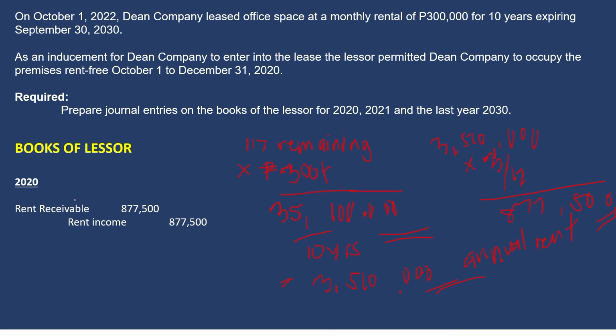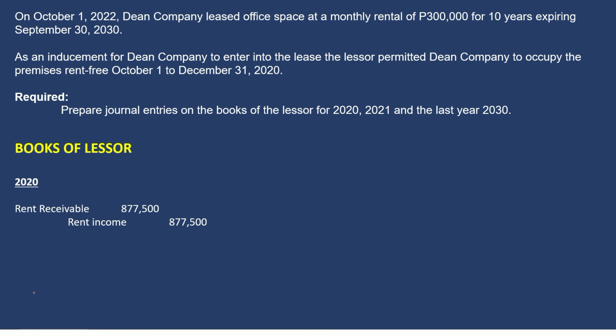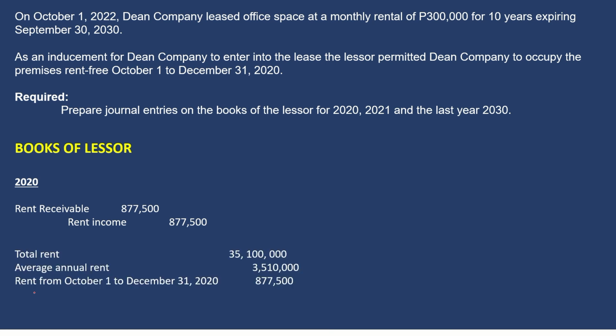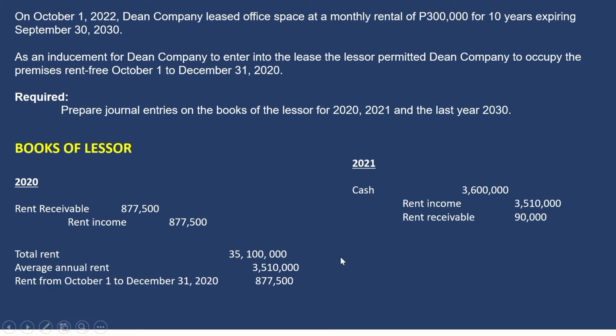So sa first period, recognize ta og debit rent receivable 877,500 and credit rent income 877,500. Okay. Next, for the year 2021.